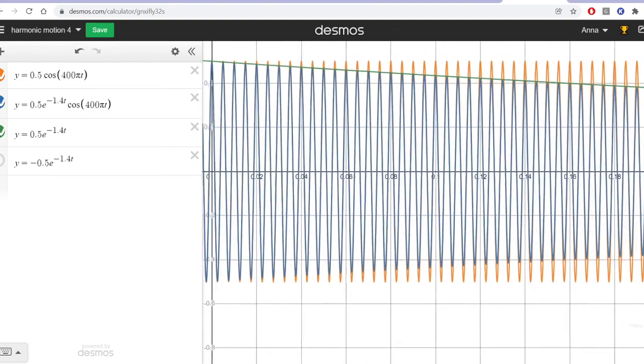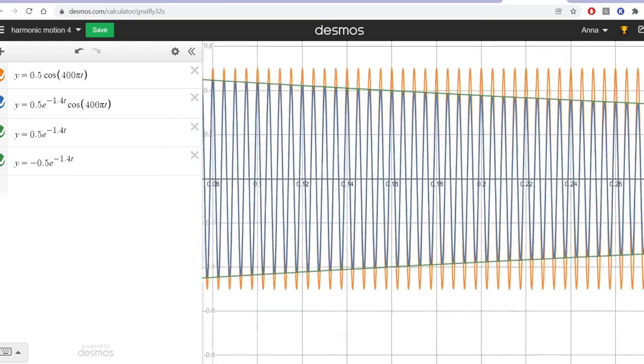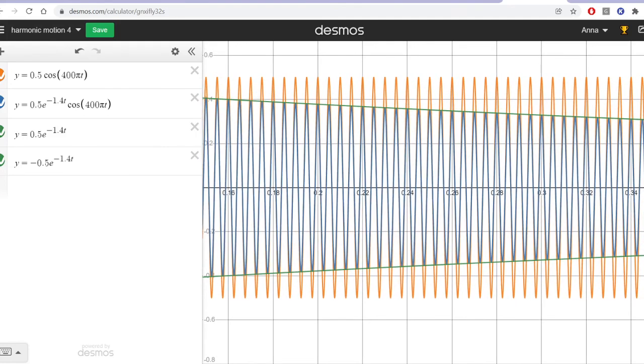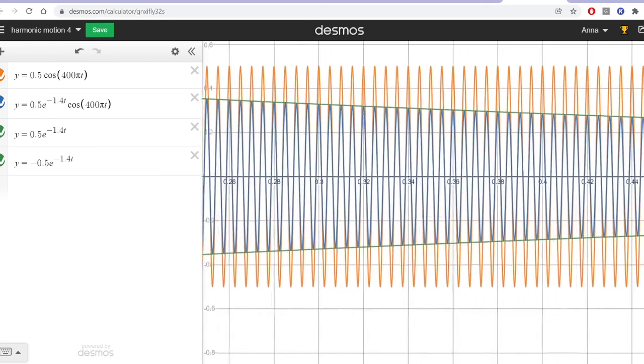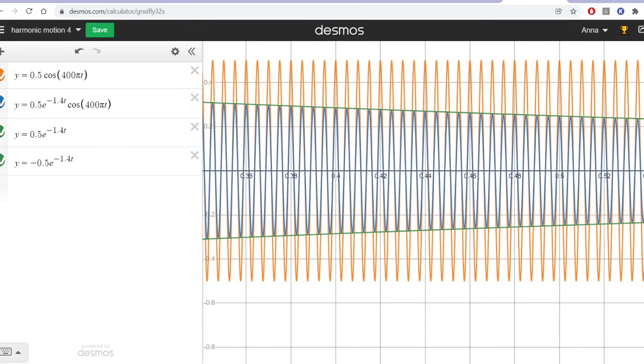And if you do the negative of that, that traces out where the bottoms are going. Usually sine and cosine have a maximum and minimum of 1 and negative 1, so if you multiply those with this function, that gives you your new maximum and minimum values. That's why we have this upper and lower bound.